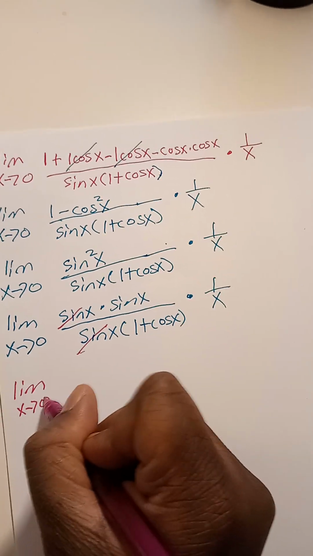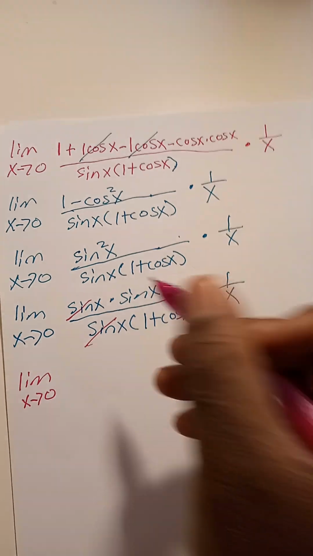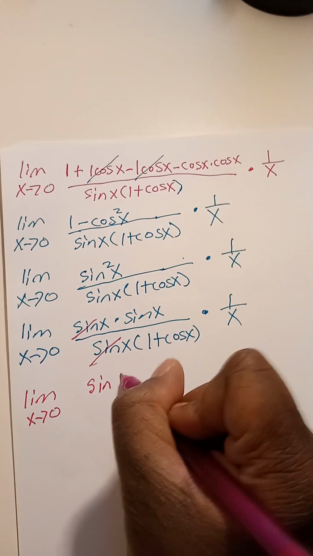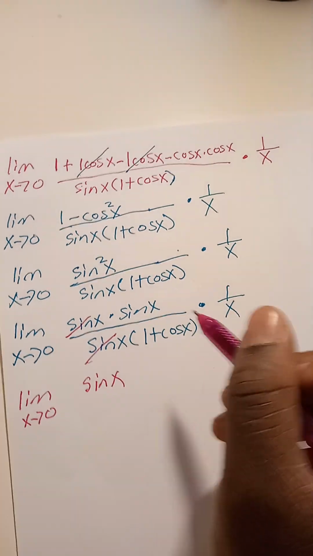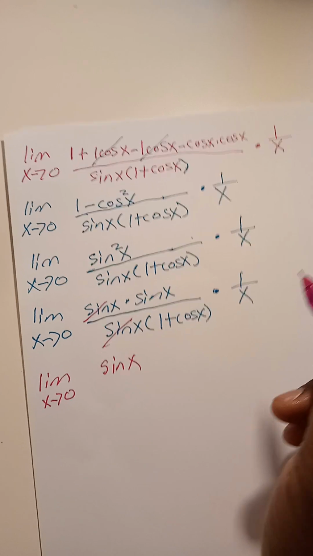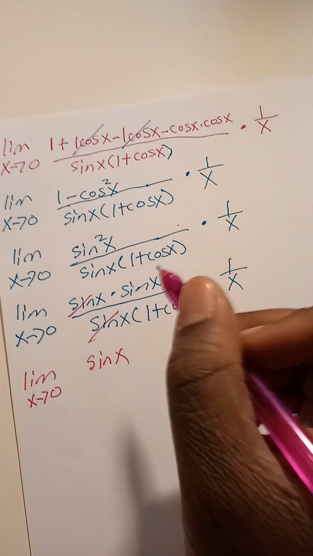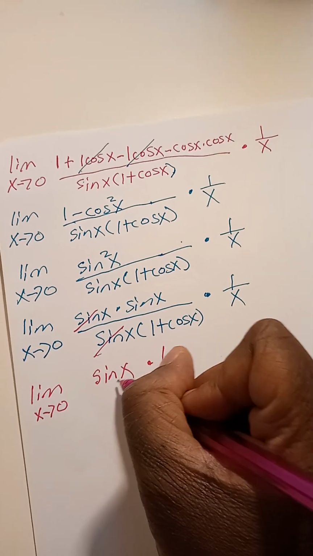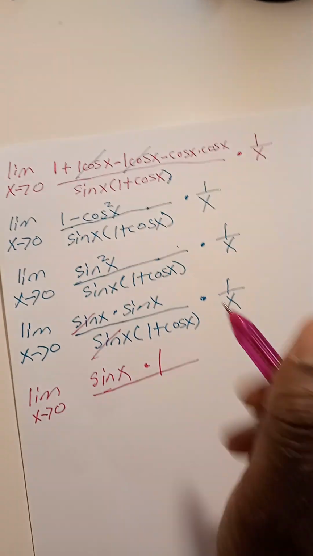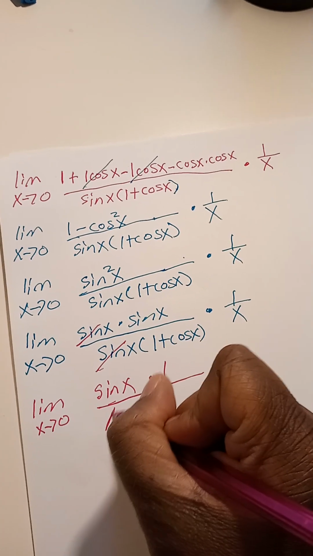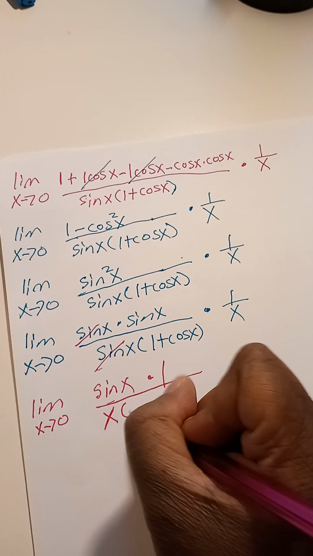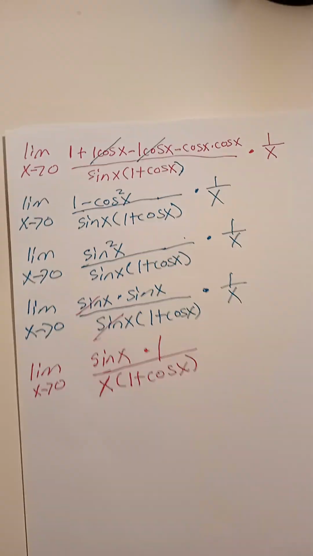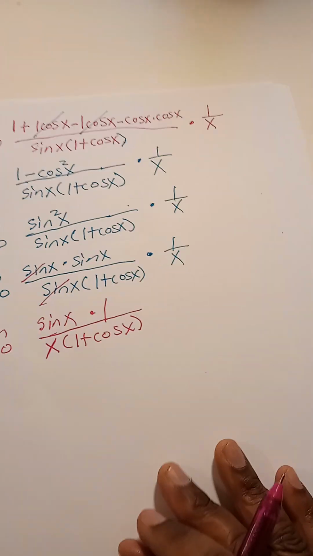So the limit as x goes to 0 of sine of x times 1, we'll keep that the same in the numerator, and then put the x in front of 1 plus cosine of x. And you will see why in a little bit.